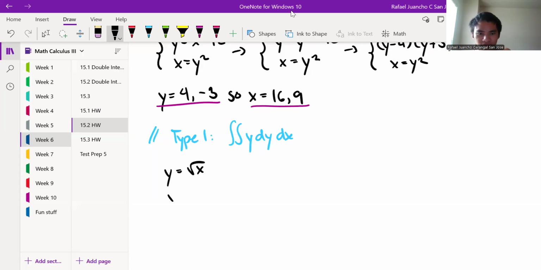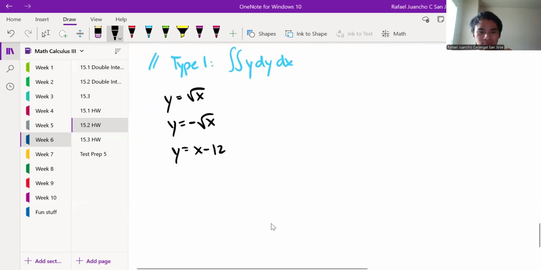And then another thing would be y is negative square root of x. Then we also have a y that's equal to x minus 12. What does that tell us, right? Well, that tells us that, let me see. Wait, is this a line? Oh, it's a line.